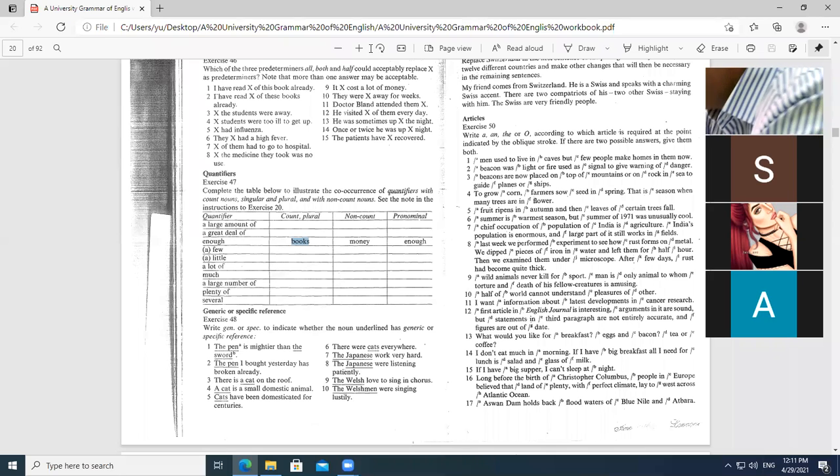India's population, without an article, since India is a country and takes zero article. India's population is enormous, and a large part of it still works in the fields, with the indefinite article for a large part. Next.